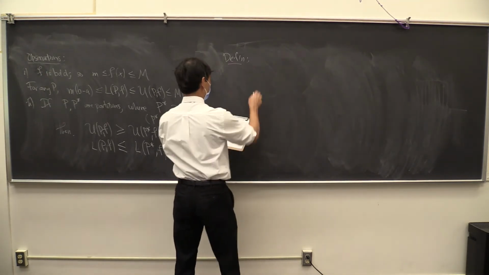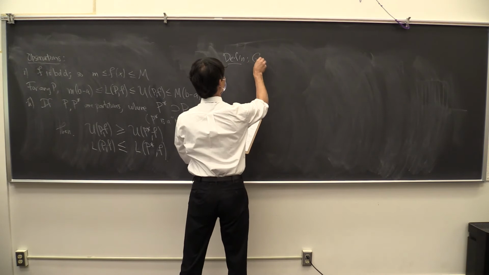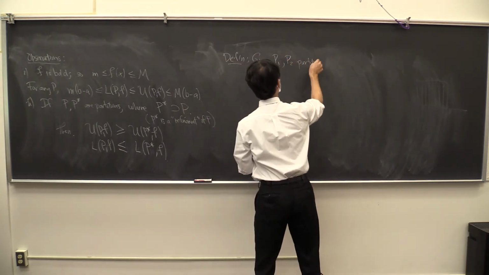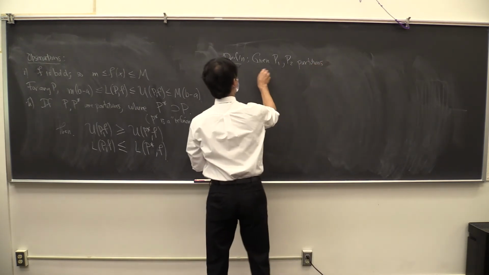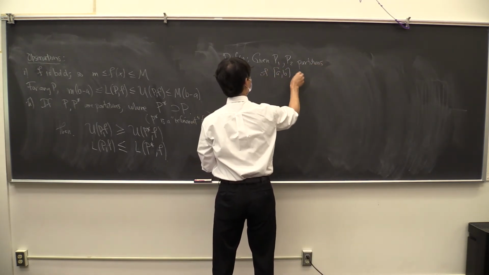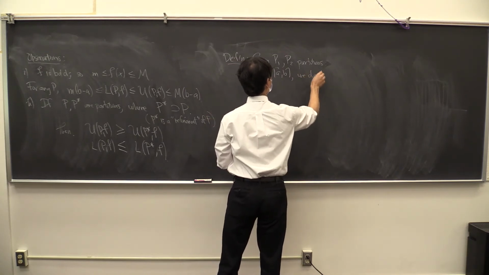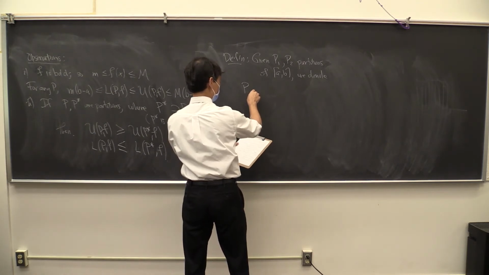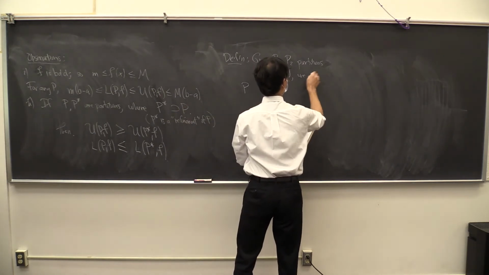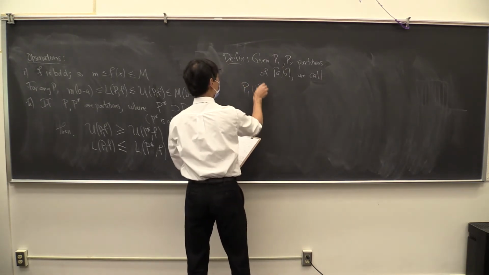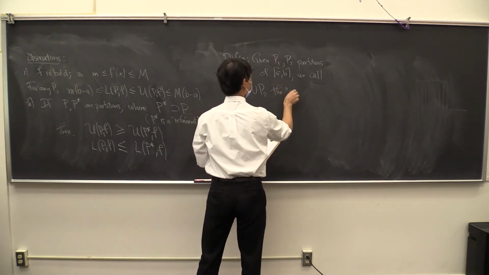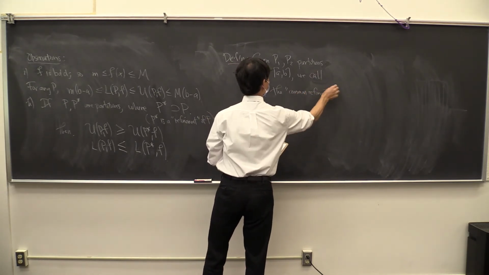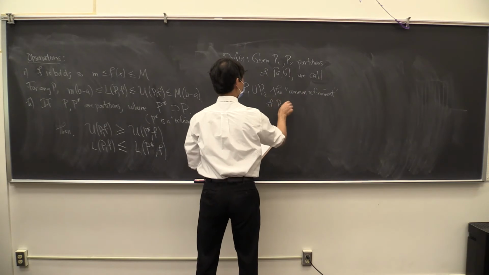Okay, so given P1 and P2 partitions of some interval AB, we call the union the common refinement of P1 and P2.